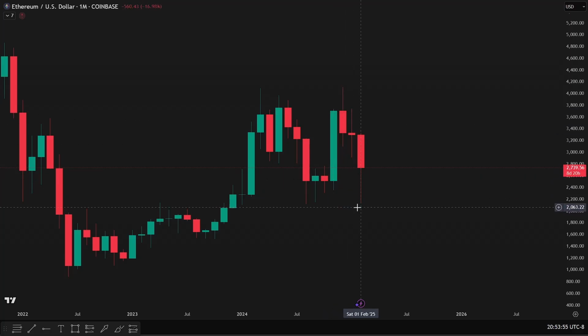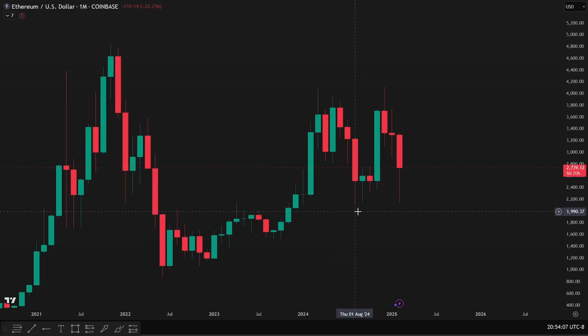Even though we got a sweep here, I don't count this as bearish on the monthly until we close a candle body below this wick, these wicks here. So we can see on the monthly, we're in that range. We're towards the bottom of the range down here.